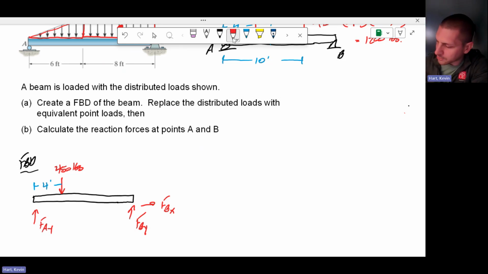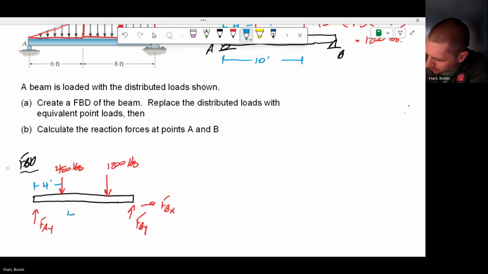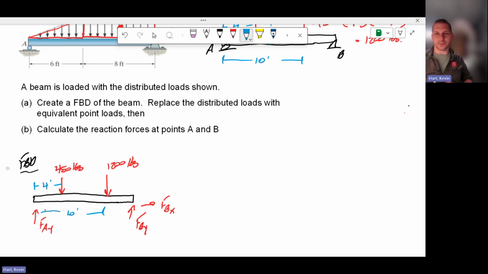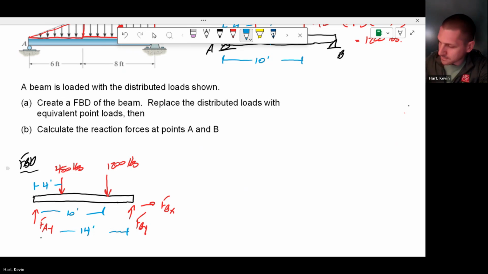And for the rectangular distribution, we have over here was 1,200 pounds. And this is 10 feet from the left. Okay. So this is the situation that we currently have. The beam has a total length of 14 feet, if that's important. So that's going all the way out to the left there.